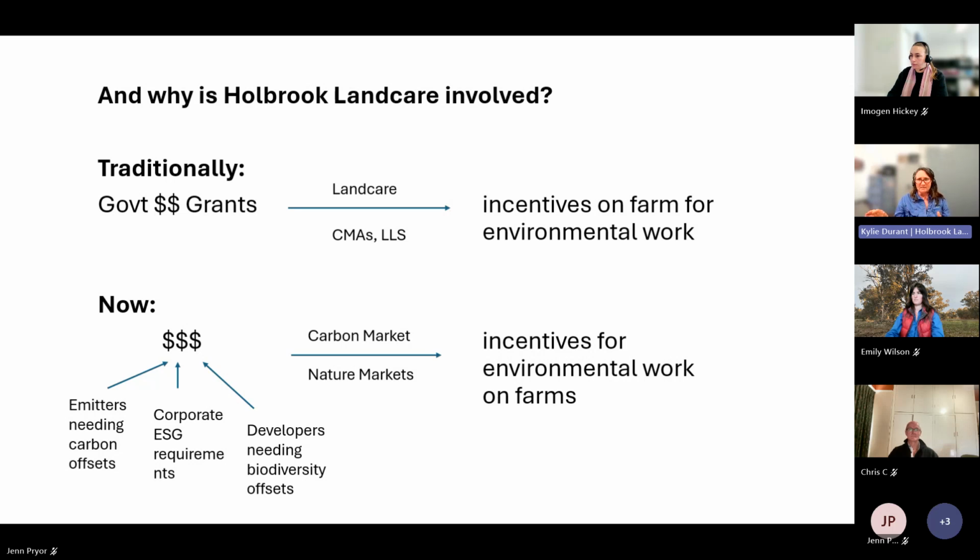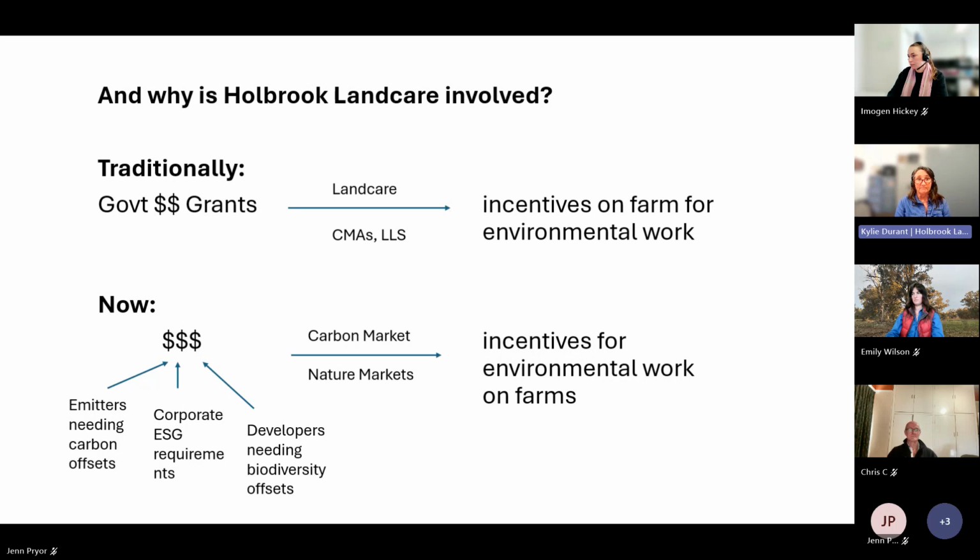With those market systems, it creates a whole sort of paperwork trail, I guess, as well. And so there's a lot of monitoring. There's a lot of need for assessment and things like that with carbon and nature markets as well. So in the future, maybe Landcare might get involved in that as well.